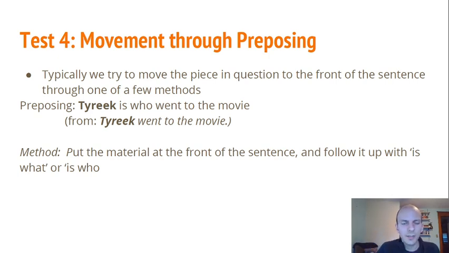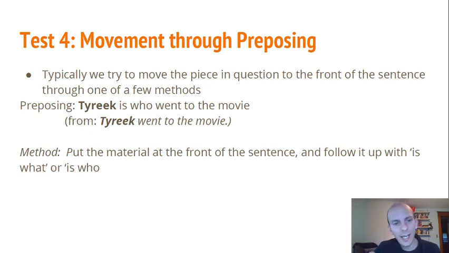So in preposing, we try to move the piece in question to the front of the sentence. Our base sentence here is "Tyreek went to the movie." We want to see if Tyreek itself is a constituent. Okay, it's a single word, so there's a pretty good chance, but we're still going to do this test. So we're going to move it to the front. Okay, cool, it's already there.